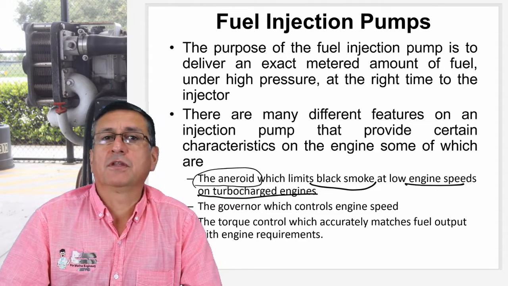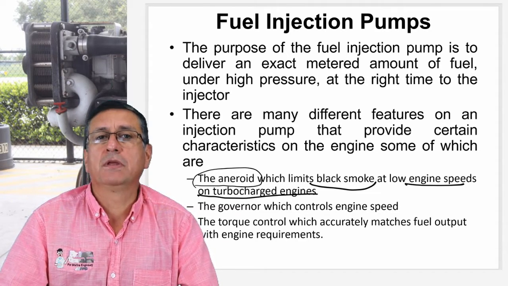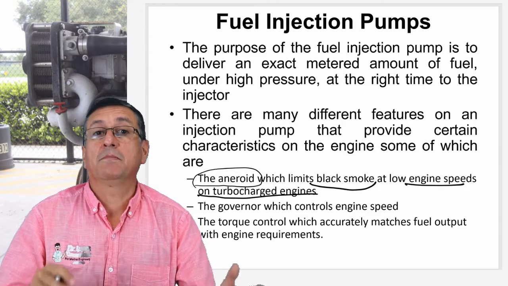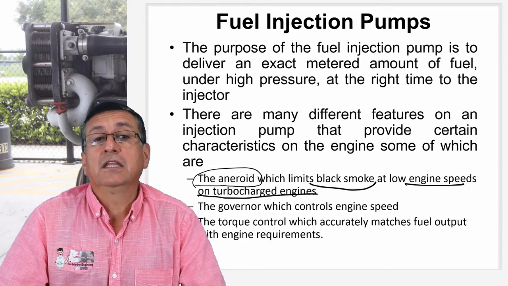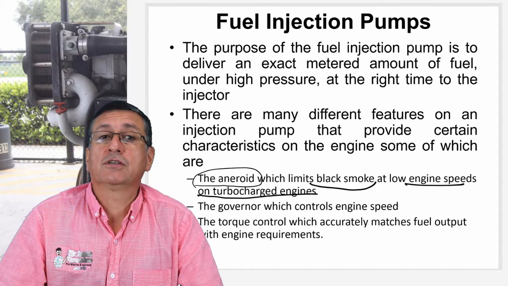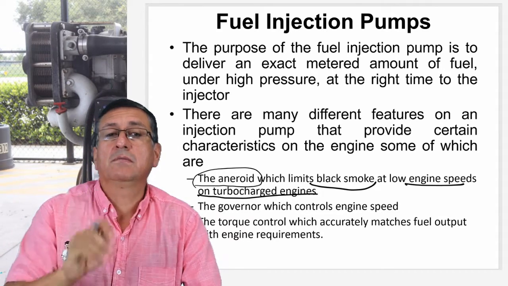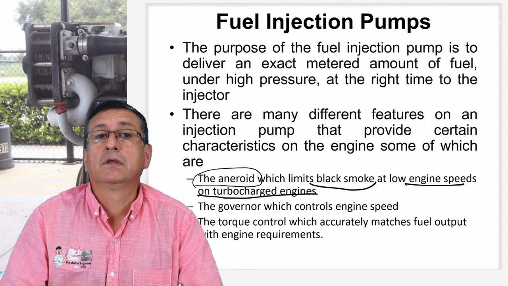In my opinion, after the computer, after the ECM, the fuel injection pump is the brain of the system. Of course, in diesel engines with a mechanical fuel injection system, the brain of the system is the fuel injection pump.